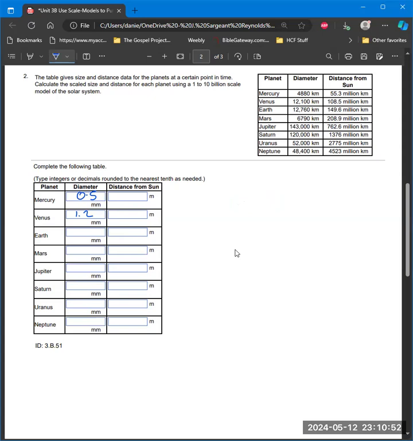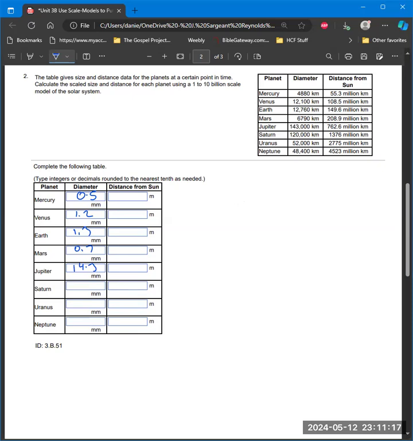I'm going to round to the nearest 10th. So let's move it 4 places back. 1, 2, 3, 4 is going to be 1.3. And then 4 places back, 1, 2, 3, 4 is going to be 0.7. And then 4 places back is going to be 14.3.